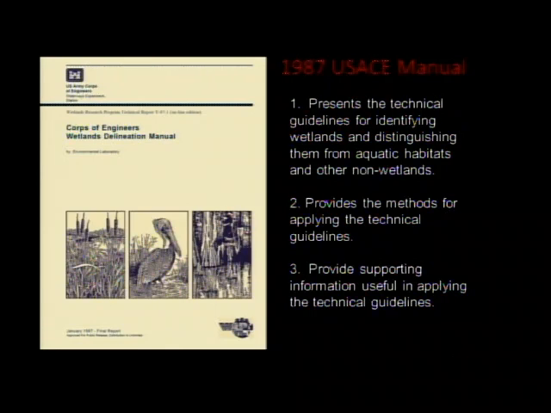This manual presents the technical guidelines for identifying wetlands and distinguishing them from aquatic habitats and other non-wetlands. It provides the methods for applying the technical guidelines, and it provides supporting information useful in applying the technical guidelines. Regional guidance is provided by the Corps' regional supplements.